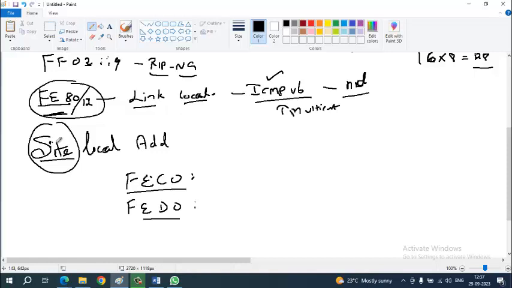That is not NATing from one IPv6 address to another IPv6 address. NAT-PT is not translation from one IPv6 address to another IPv6 address. It is not. Then what is it? It is protocol translation. IPv4 to IPv6, IPv6 to IPv4. That is NAT-PT.